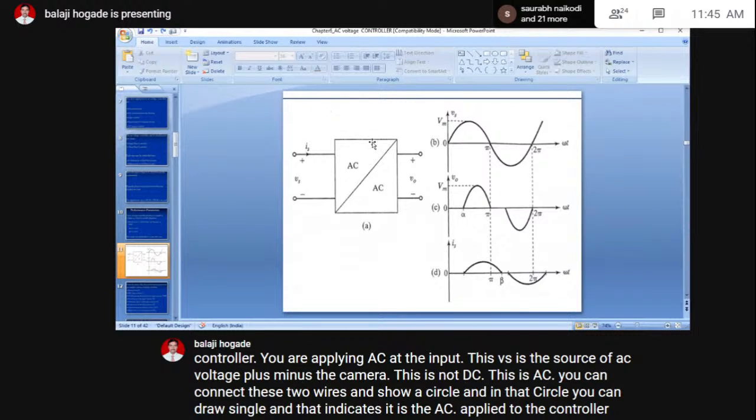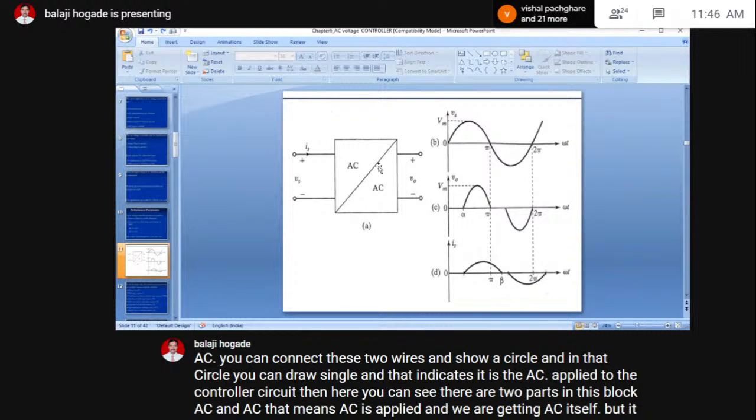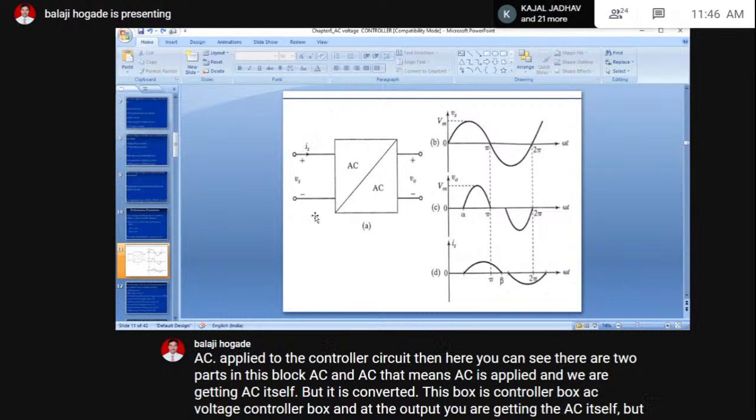Then here you can see there are two parts in this block, AC and AC. That means AC is applied and we are getting AC itself, but it is converted. So this box is controller box, AC voltage controller box, and at the output you are getting the AC itself, but of different magnitude or different frequency or both are different.